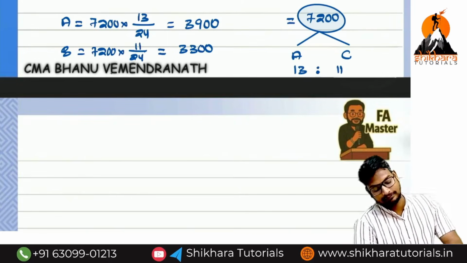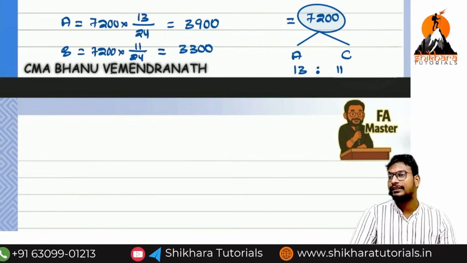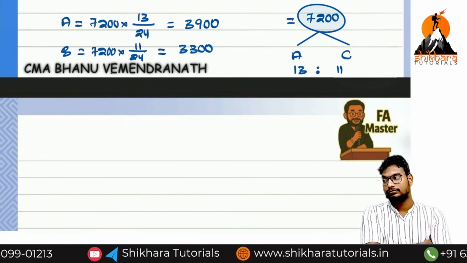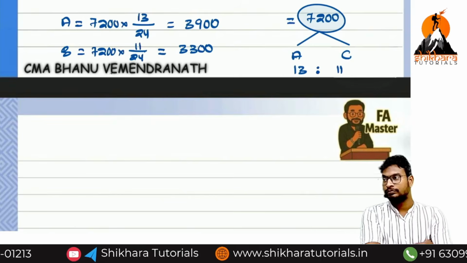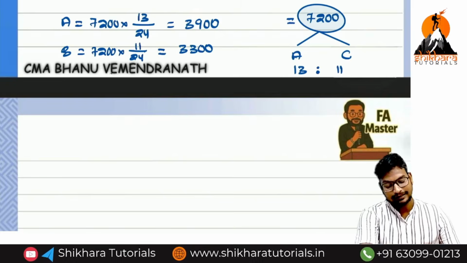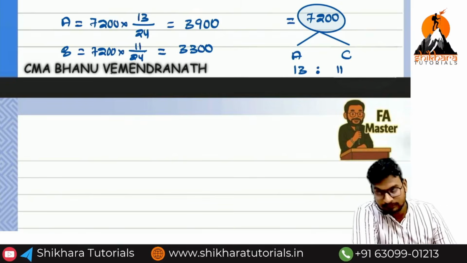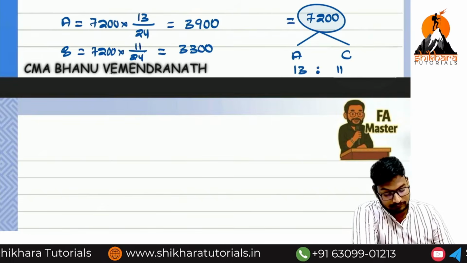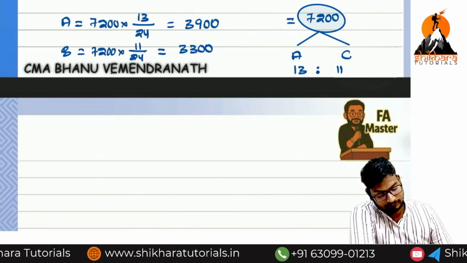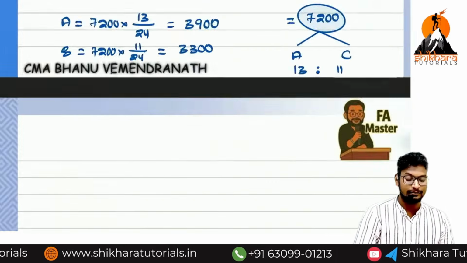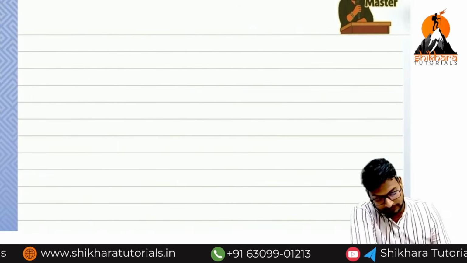Okay. Completed up to here. So what is the entry we need to record? Who is the gaining partner? Gaining partners' accounts are debited to the retiring partner.